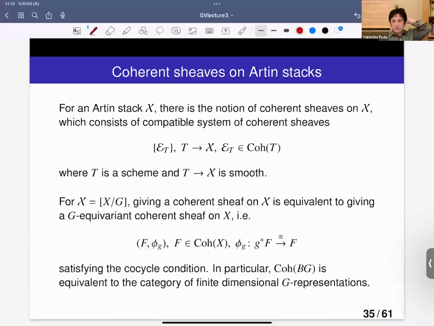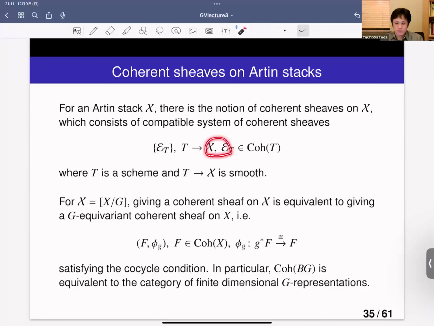We also have the notion of coherent sheaves on algebraic stacks. For an algebraic stack, there is a notion of coherent sheaves, which consists of a compatible system of coherent sheaves, where we consider some smooth topology on the stack.